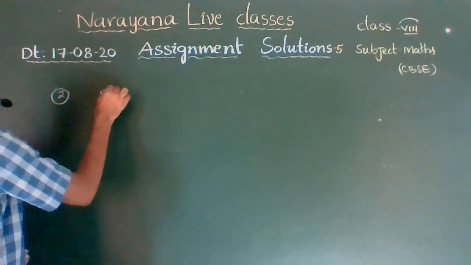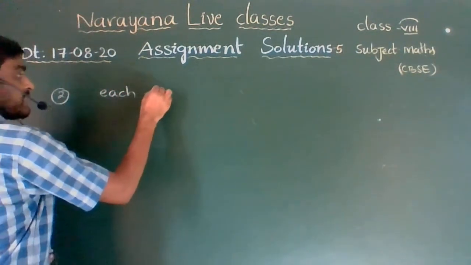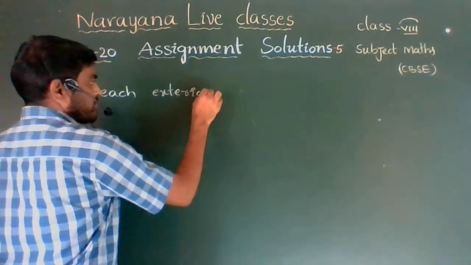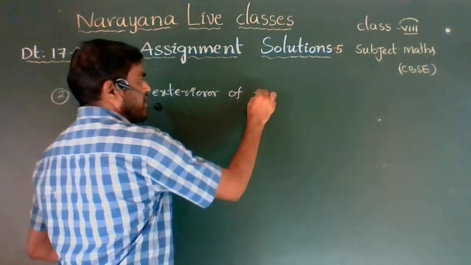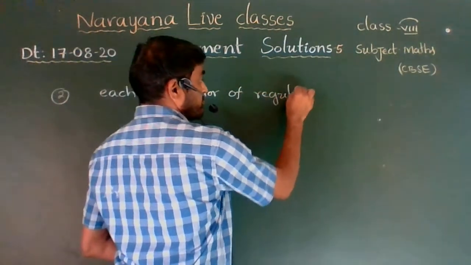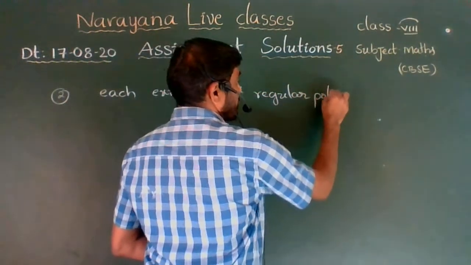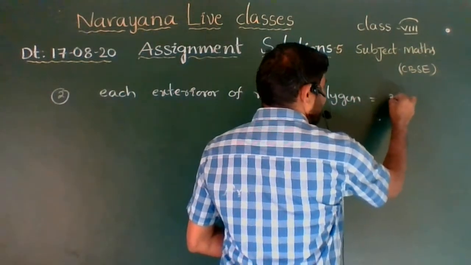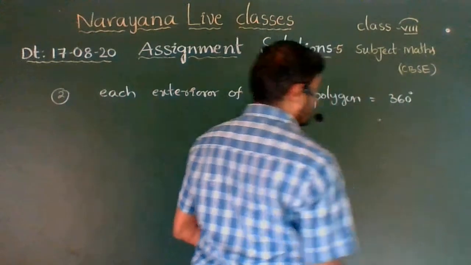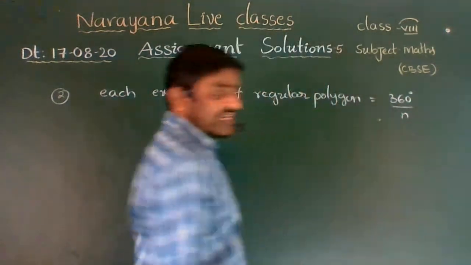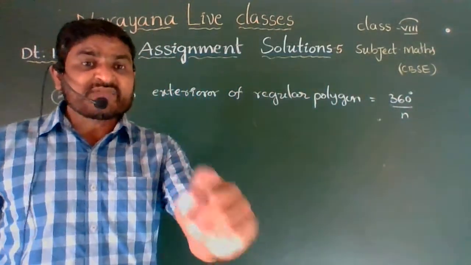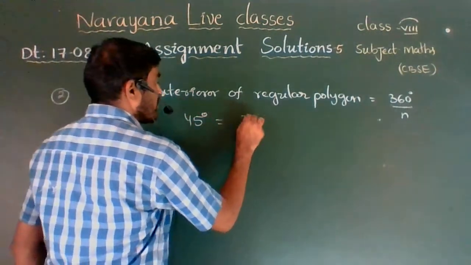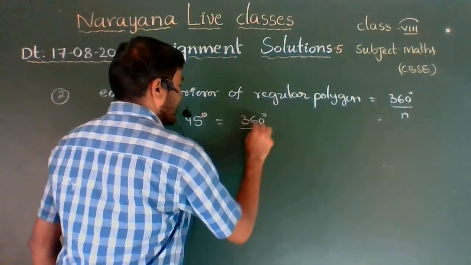Given each exterior angle of a regular polygon is equal to 360 degrees by n. But it is given each exterior angle is 45 degrees. So 45 degrees is equal to 360 degrees by n.